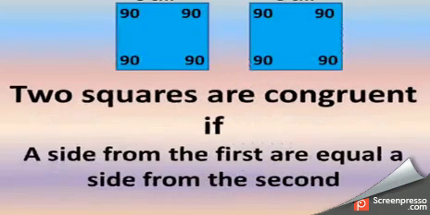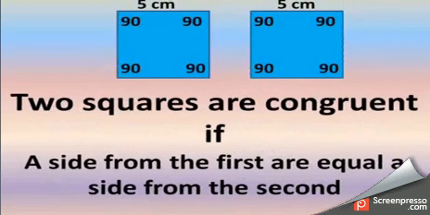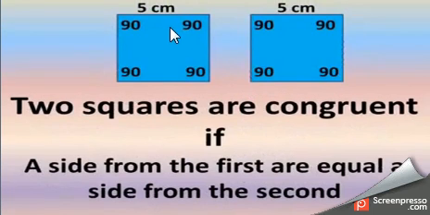The next shape, attention with me, what is this? This is two squares, mister. Okay, excellent. Two squares, exactly. What's the condition of congruency of two squares? Two squares are congruent if a side from the first equals a side from the second. If the side here is 5 centimeters and the second square's side is 5 centimeters, I can say these two squares are congruent.